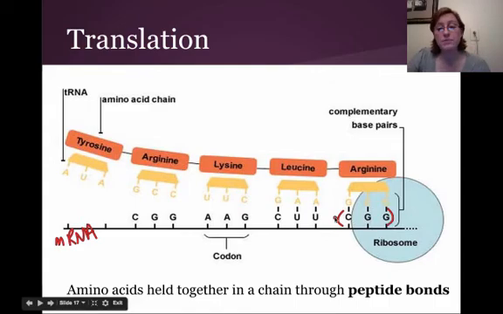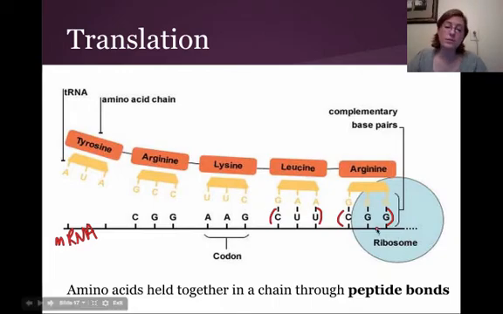That's a codon, and that codon is going to code for an amino acid that is named arginine. But this codon, CUU, that's going to code for an amino acid named leucine, and AAG codes for lysine, etc., etc. So this is going to keep happening.